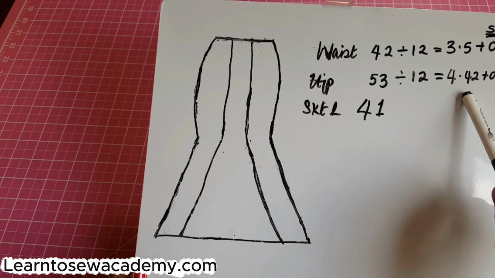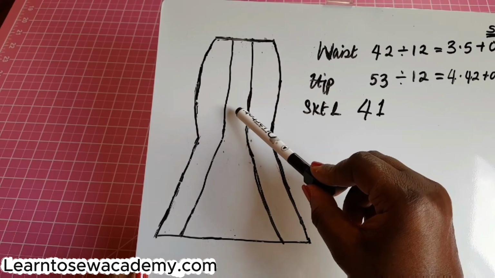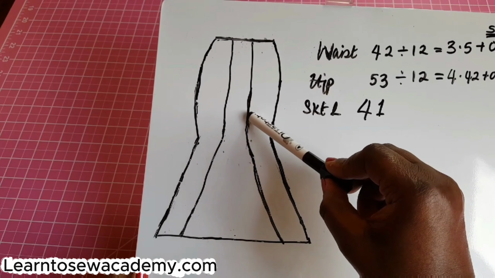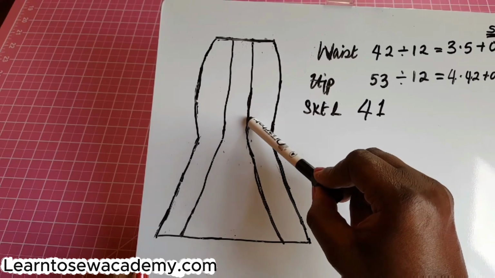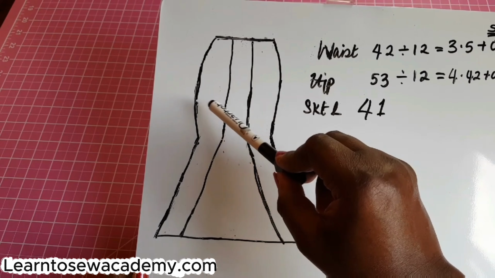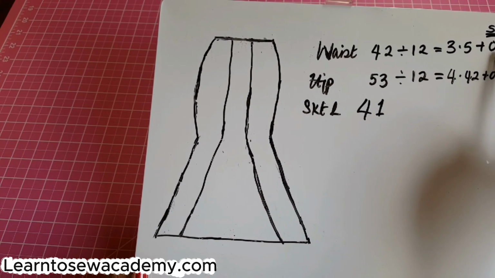Now, when we join, we need seam allowances because we're going to be joining this side of the center piece, for example, to this side of our side piece. And then we're going to be joining this other side of the center piece to this other side piece. So we need half an inch allowance.